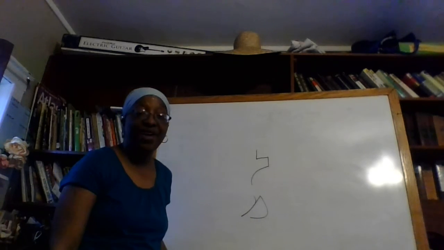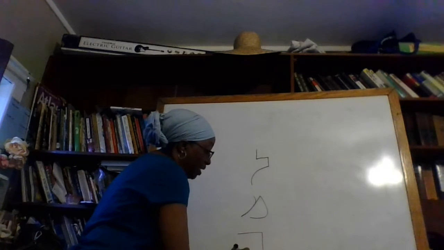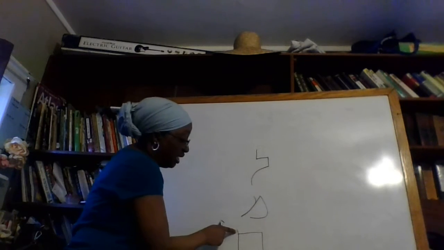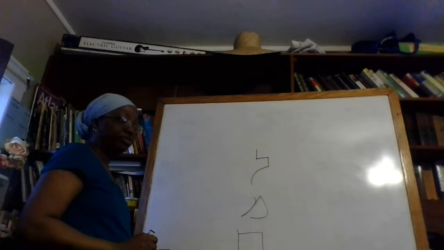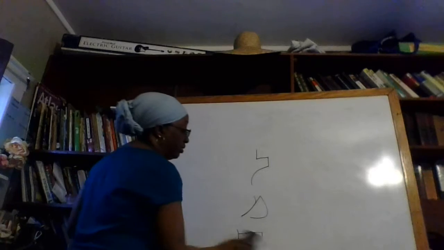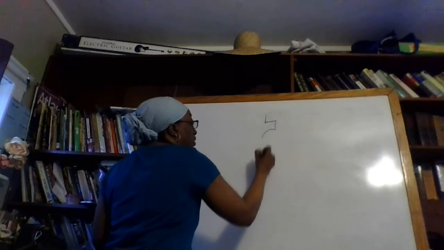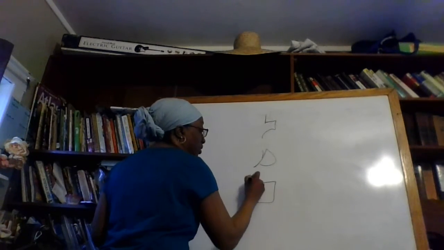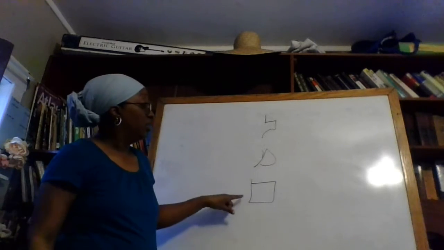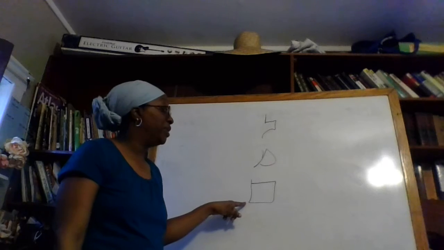Mem has a final form, and it's called a mem sofit. It's shaped like a box, except the line comes a little past here. Let me draw it again. Okay, this is mem sofit, or the final form of mem.